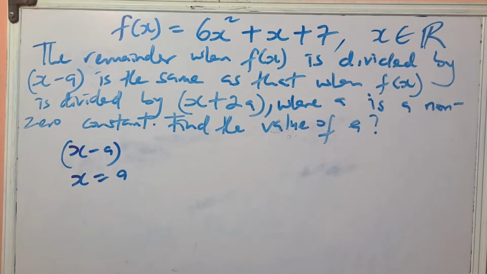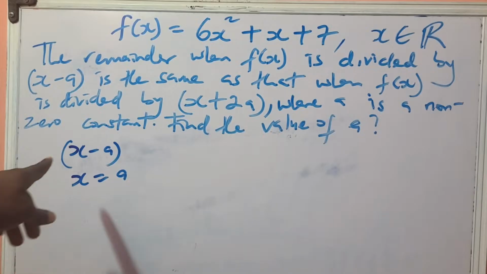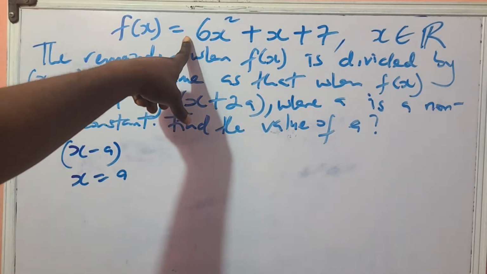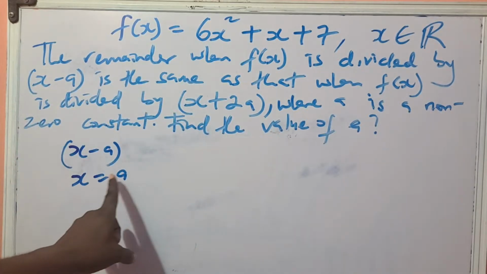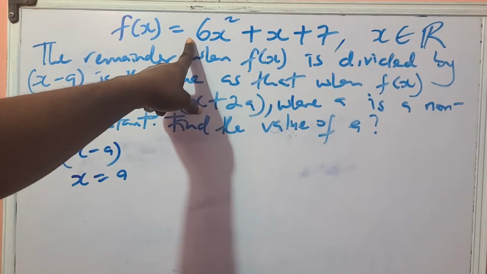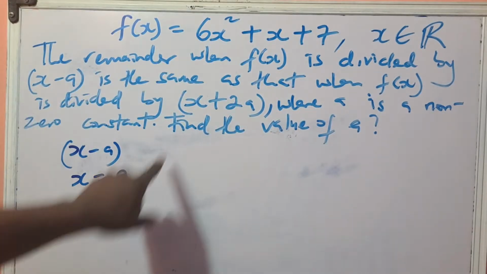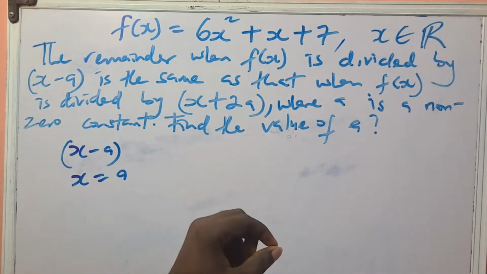Let me repeat that again. If x minus a was used to divide a polynomial f of x, if you fix in x equals a into this polynomial, what you get is your remainder.